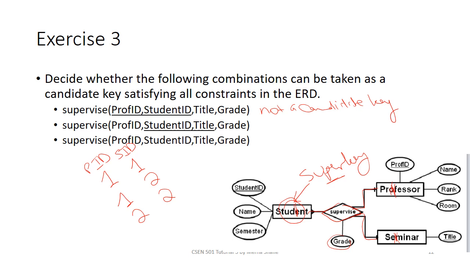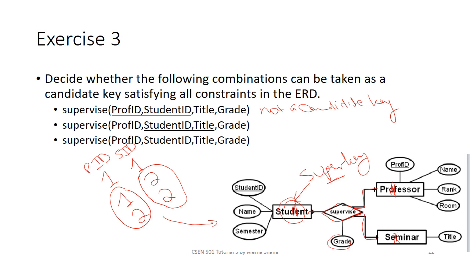However, each on its own can be repeated. So does this apply the constraints mapped in the ERD? No, it does not, because here a student should only have one professor supervising them. This says that we have two students with two different professors. So this does not maintain the constraint of having a student being taught by exactly one professor.